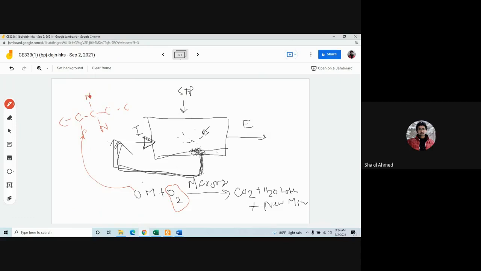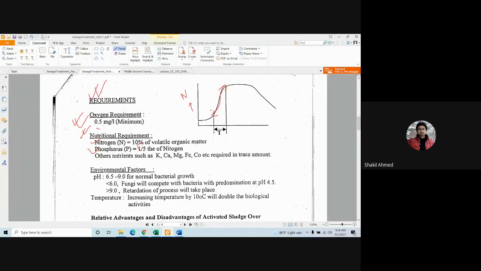Nitrogen, you know why? Because protein is what? Amino acid. Remember amino acid? Yes, sir. So amino acid has carbon chain with hydrogen and nitrogen. So carbon, nitrogen, phosphorus.